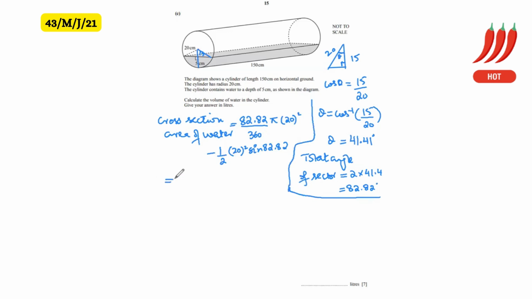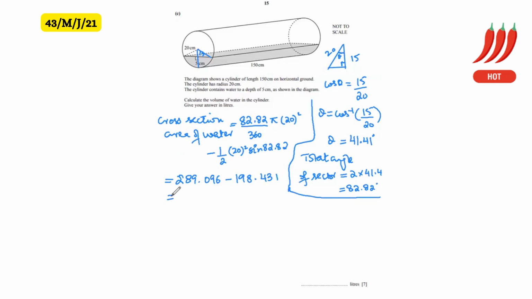So that's 82.82 times pi, then times 400, then divided by 360. That's 289.096, minus 400 sine of 82.82 divided by 2. That's 198.431.